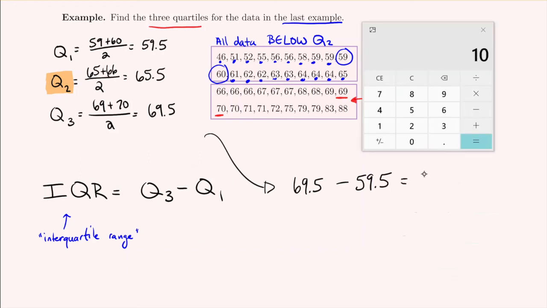And we get that the IQR, the interquartile range, is 10. So if you're ever asked for the IQR or interquartile range, remember you first need to calculate Q1, Q2, Q3, and then take the Q3 value minus the Q1 value.